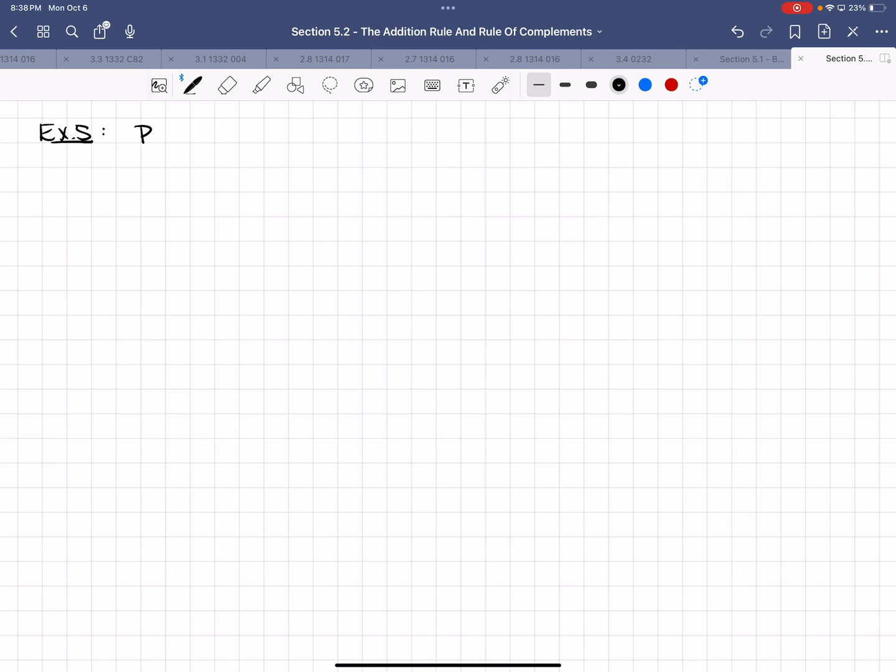Example 5 says the probability of A complement equals 0.27, and it wants me to find the probability of A. I use that formula that I just had, where the probability of A complement equals 1 minus the probability of A. So I have 0.27 equals 1 minus the probability of A. Okay?